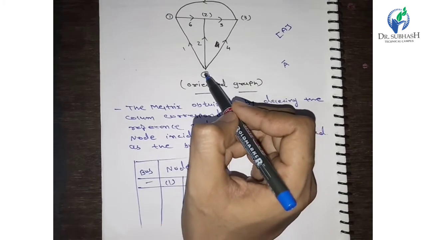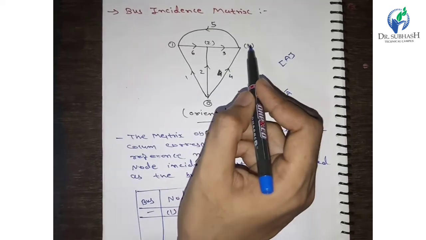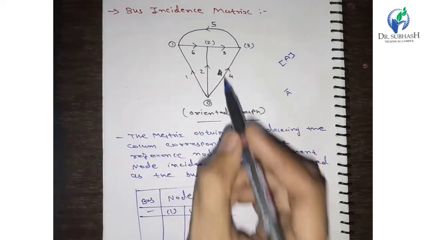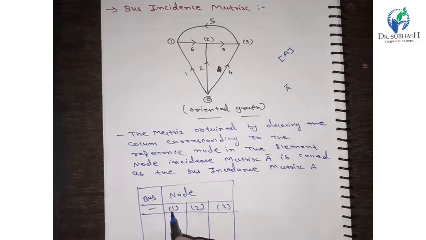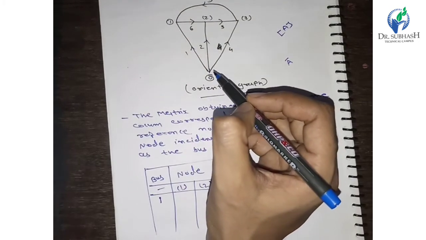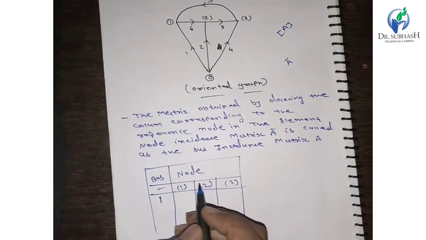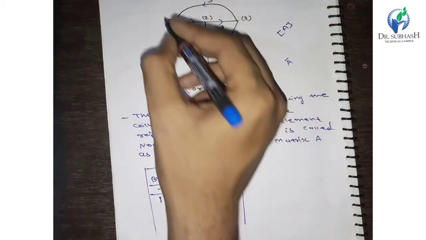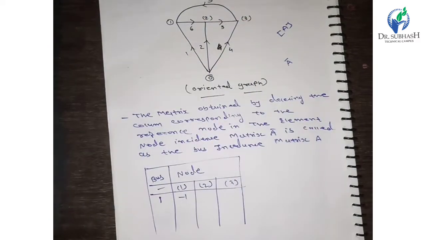Now when we take a figure of an oriented graph, in this graph here is node 0, node 1, node 2, node 3 and the lines are connected with each other. When we take bus number 1, here bus number 1 is connected between 0 and 1. So in node 1 we take -1, the same as the element-node incidence matrix.